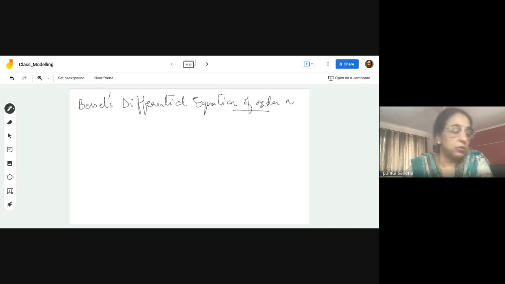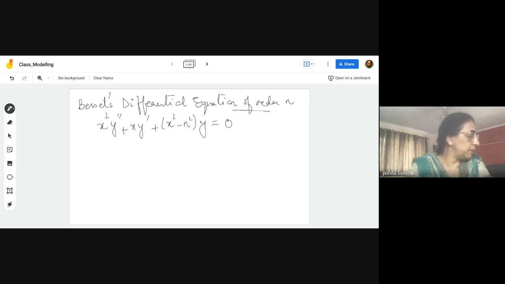That means my differential equation is going to be x² y'' + x y' + (x² − n²) y = 0. This is the equation that we are going to solve now.